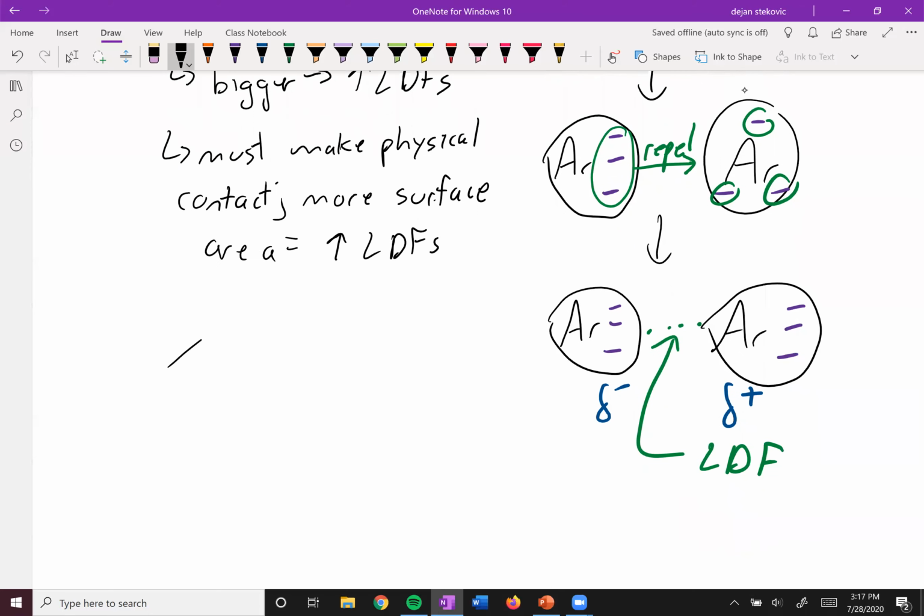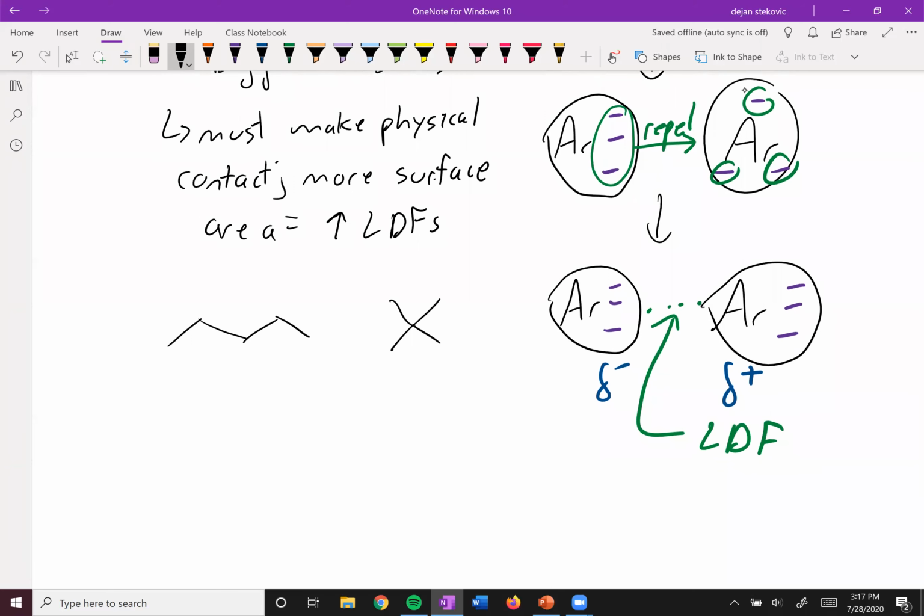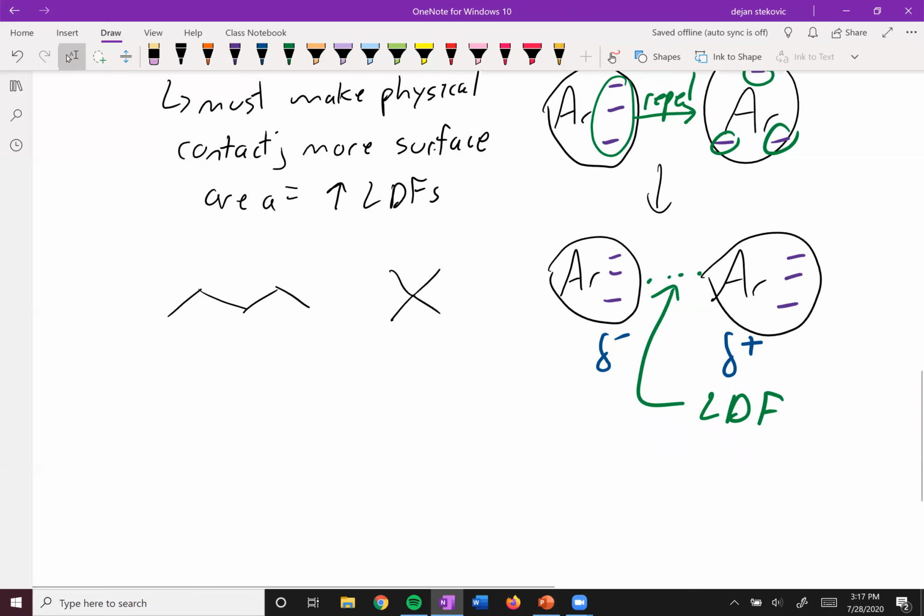So for example, something like pentane, right? That's 5 carbons long, or something like this, right? That's also 5 carbons long. If you think about the chemical formula for them, they're about the same. And so if you think about how they would stack with more of themselves, right? This molecule is going to have a lot more surface area than this molecule. The more contact area it has, the more London dispersion forces, the stronger intermolecular forces, the higher the boiling point, right?